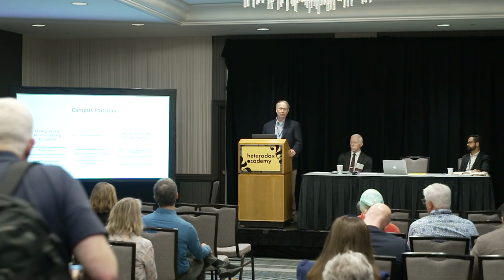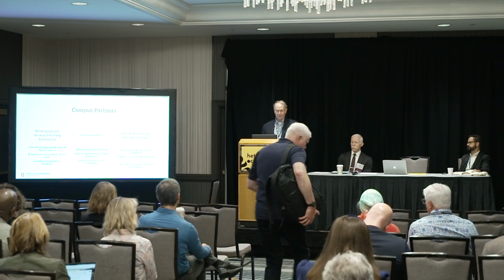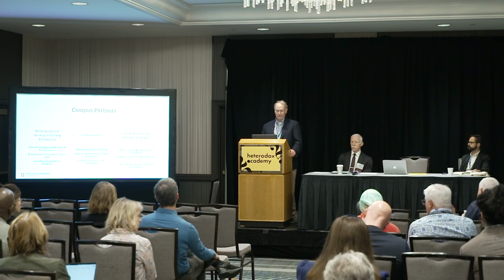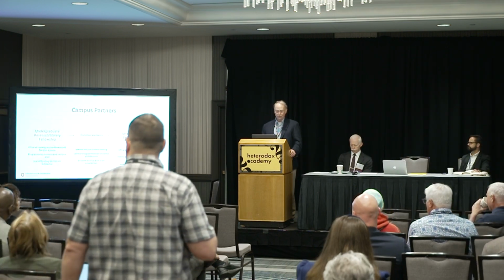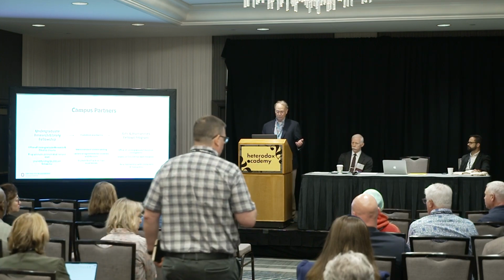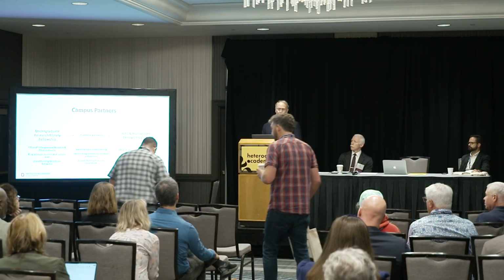We've had some essential campus partners to make all of this happen. With the URLF, the Undergraduate Research Library Fellowship, we've worked very closely with the Office of Undergraduate Research and Creative Inquiry, and they've helped us promote the program. We share funding with the library and that office to fund these students.